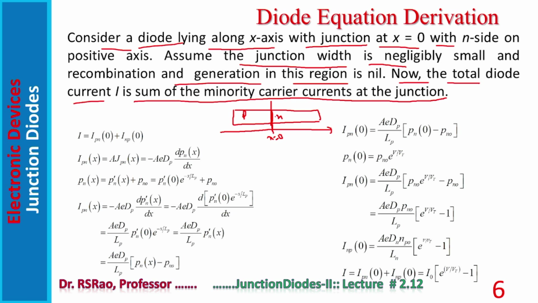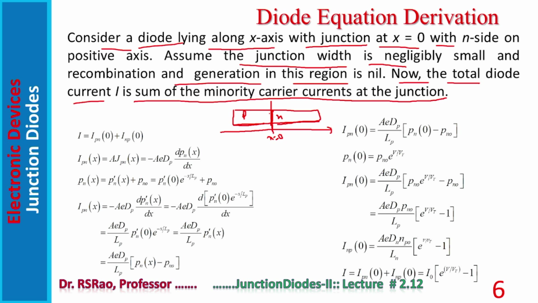In the same way, one can say total current is majority carrier current on the N side plus minority carrier current on the N side. Of course, these two relations hold good all along the length of the P region and all along the length of the N region. But consider a point just over the edge of the junction. Here, one can say majority carrier current on the P side plus minority carrier current on the P side is equal to total current.